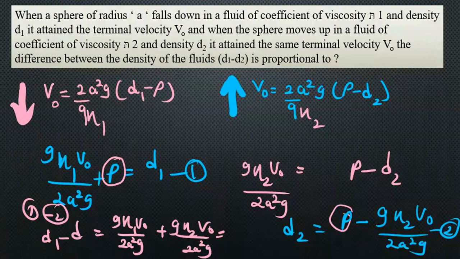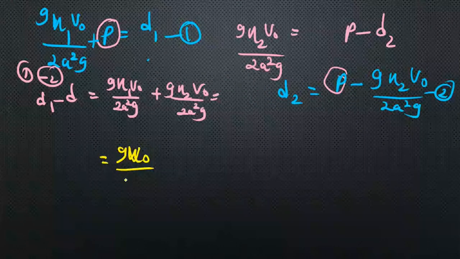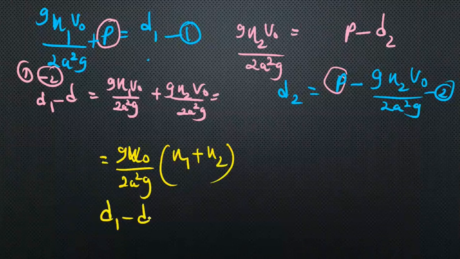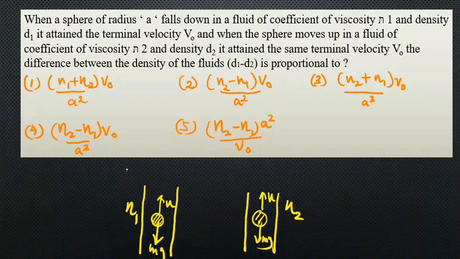So here you can see 9 v naught over 2 a squared g is common. So here I get eta1 plus eta2, right? They are asking the proportionality: d1 minus d2 is proportional to, let's find the answer, eta1 plus eta2.